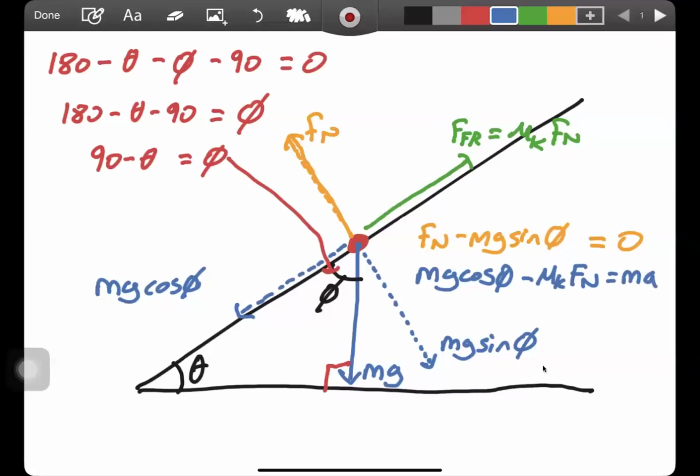And remember, we have the normal force, that is the incline pushing back up on the ball, that is equal to mg sine phi, which is the same thing as mg sine 90 minus theta. So you see how we unpack that there?